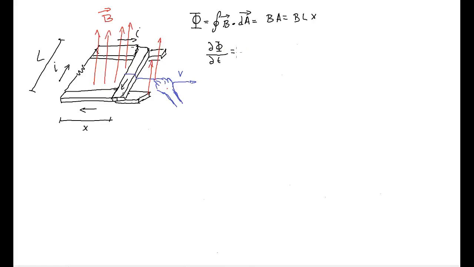So if we do this, we can bring B and L outside and just do the ordinary derivative of X with respect to time, right? But what is another name for dx dt? Velocity, v. So that means that the time rate of change of the magnetic flux for this particular system is just B L v, little v. So little v is the velocity that you're pulling this bar with. Good.